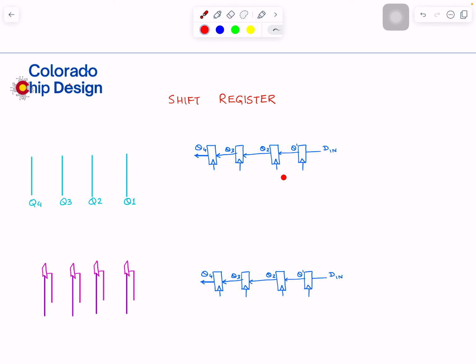I'm just assuming that bus is 4-bit, which means individual 4 bits are there. The first input D, and the flip-flops are going from right to left. D input Q, D input Q, D Q, D Q.